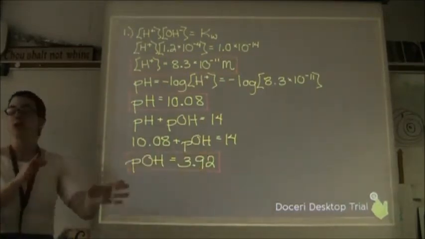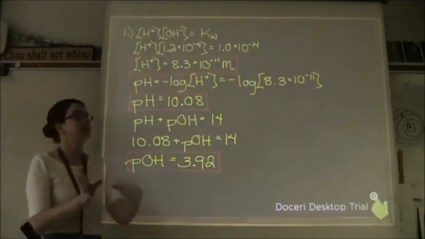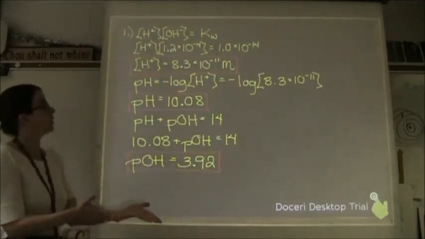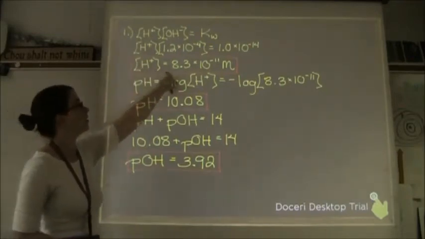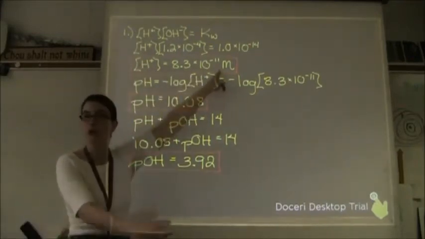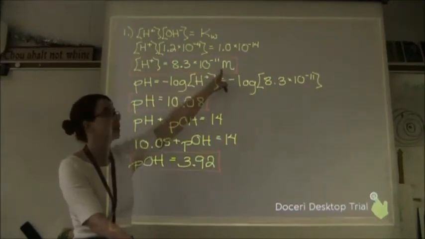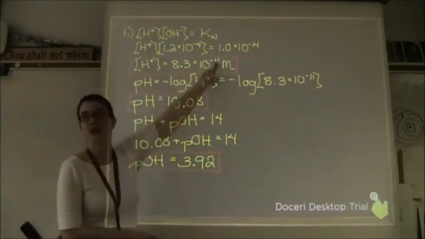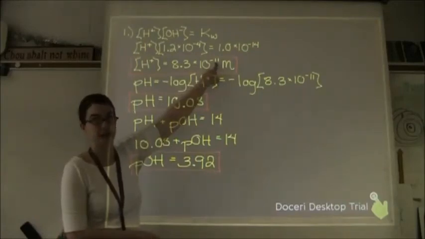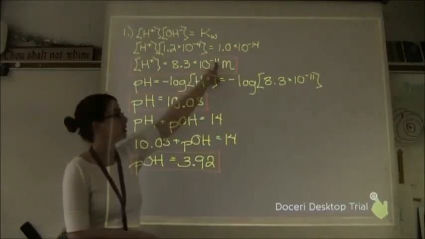For those of you that are mathematically inclined, you may already know this. If I take the negative log of this number, which is exactly what you would do to find the pH, your answer will be very close to that exponent. Let me say that again.